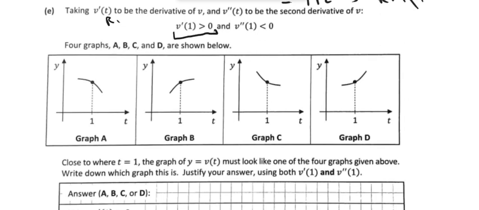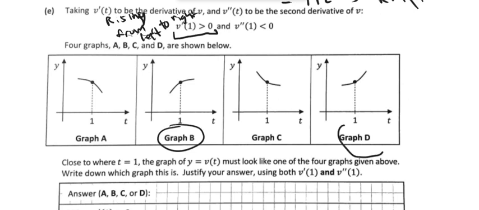So rising from left to right, so I meant to write in there. Whichever one of our graphs, that could only be B, and it could only be D. They're the ones rising left to right.